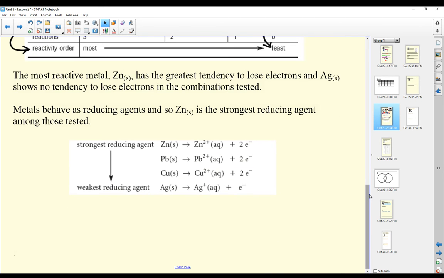The most reactive metal, zinc solid, has the greatest tendency to lose electrons. And if we go back to our acronym of OIL RIG, it wants to lose electrons.